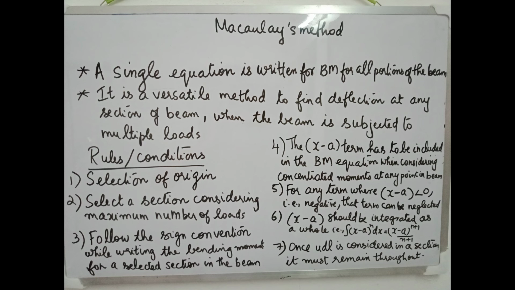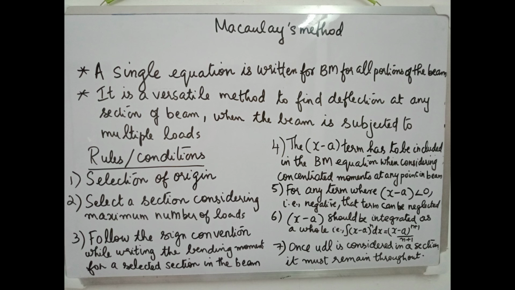So first rule is about selection of origin. Second is about selecting a section considering maximum number of loads. As per the third rule, follow the sign conventions while writing bending moment for a selected section in the beam. The fourth point is about the x minus a term, which has to be included in the bending moment equation when considering concentrated moment at any point in the beam.